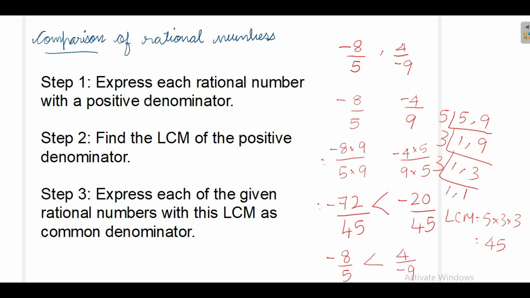This is how we compare any two given rational numbers. First we express the rational numbers with a positive denominator, then find the LCM of the positive denominators, then express each of the rational numbers with this LCM as the common denominator, and then compare the numerators and see which is greater and lesser and come to a conclusion.